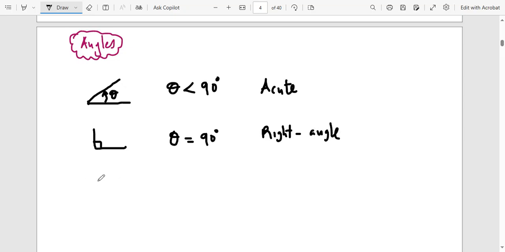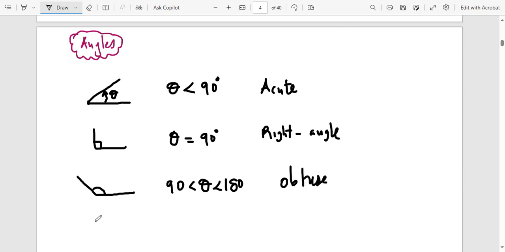Then we increase it. Now we have this angle, which is between 90 and 180. What do we call such an angle? Obtuse angle. Good.